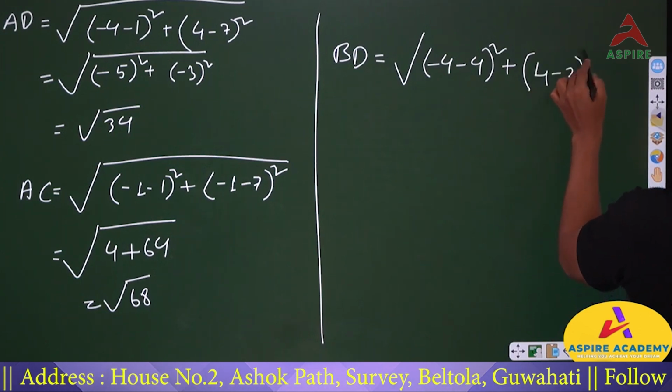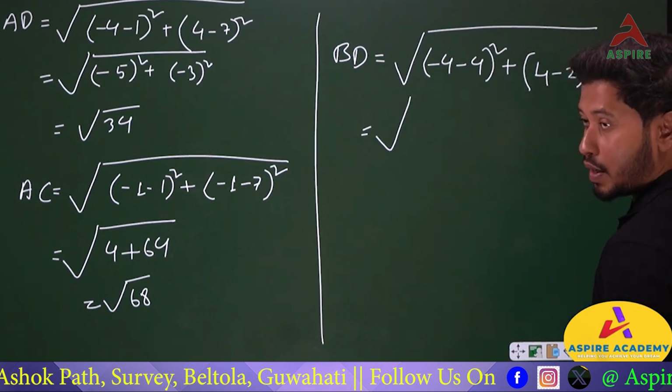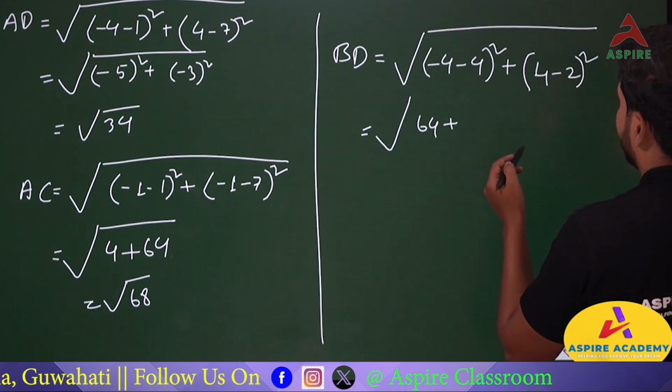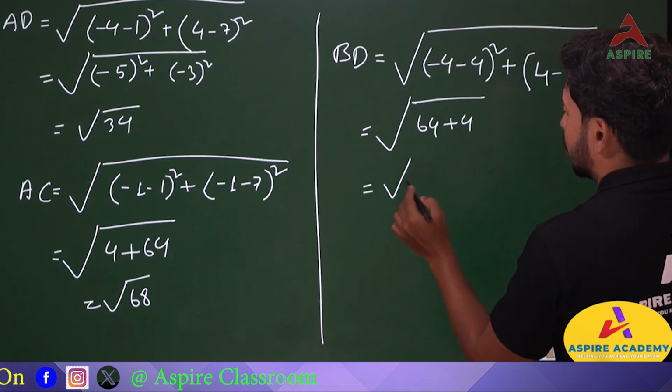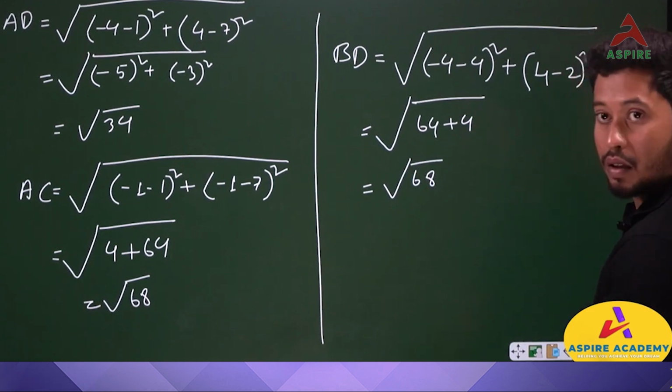So minus 4 minus 4 is minus 8. Minus 8 whole square means 64. 4 minus 2 is 2, 2 square means 4. So 64 plus 4 is also 68. So both the diagonals are equal, right?